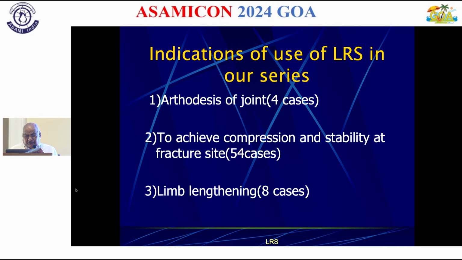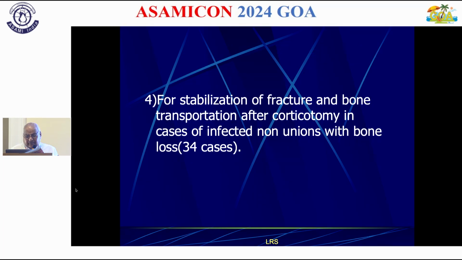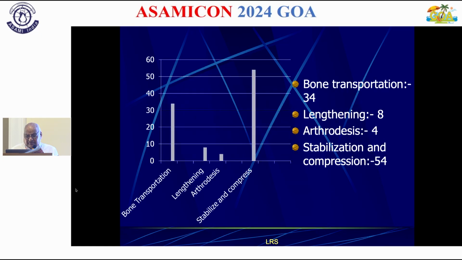Indications for use of LRS in our series: arthrodesis of the joint in 4 cases, to achieve compression and stability at the fracture site, 54 cases, limb lengthening, 8 cases. For stabilization of fracture and bone transportation after corticotomy in cases of infected non-unions with bone loss, 34 cases.